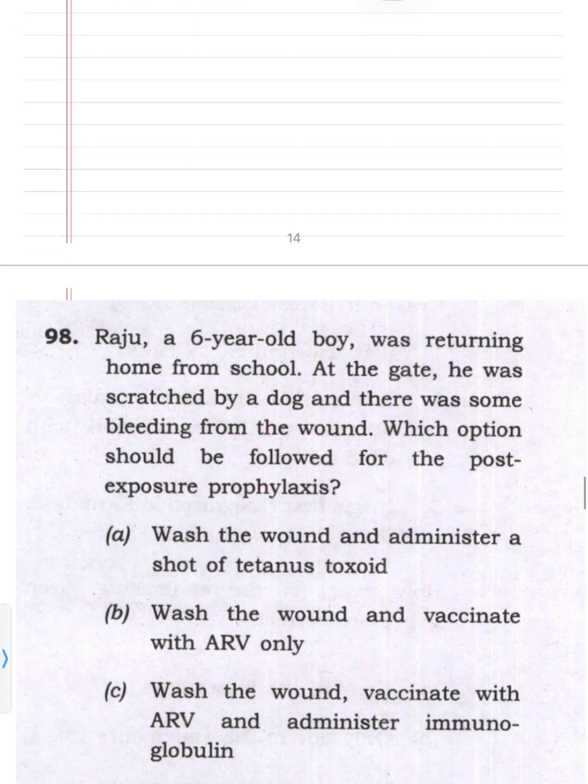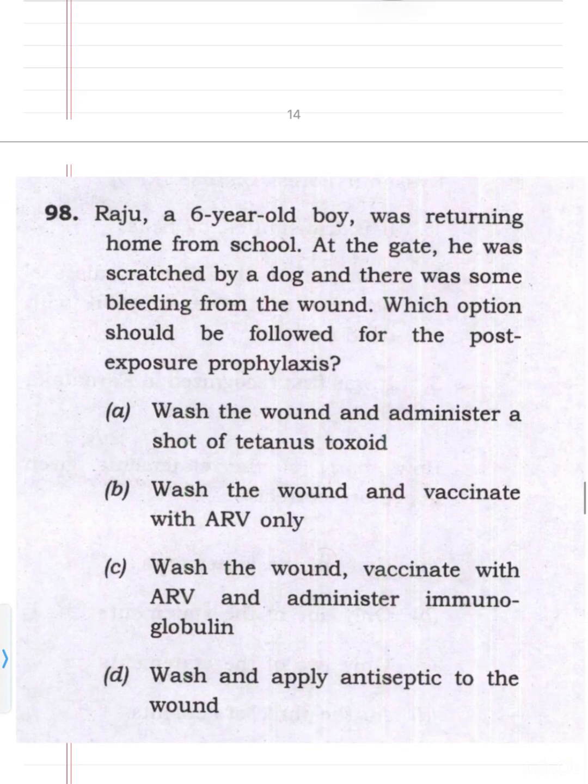Coming to another question. Raju, a 6-year-old boy, was returning home from the school. At the gate, he was scratched by a dog, and there was some bleeding from the wound. Which option should be followed for the post-exposure prophylaxis? Because there is bleeding, it's category 3.